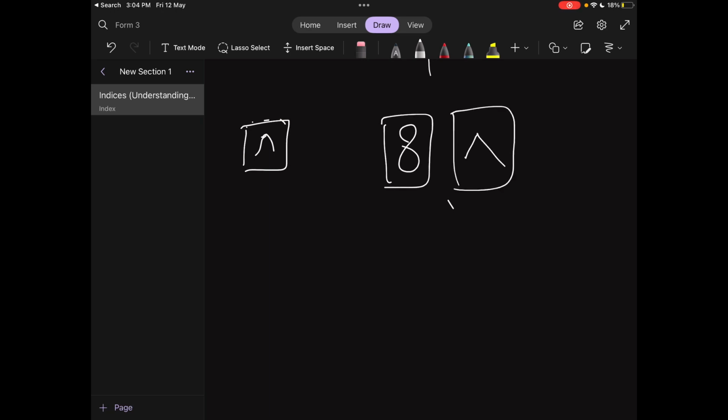This means to the power of 2. So 8 to the power of 2, which is 8 times 8, and you should get 64.